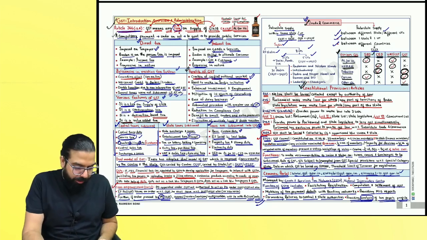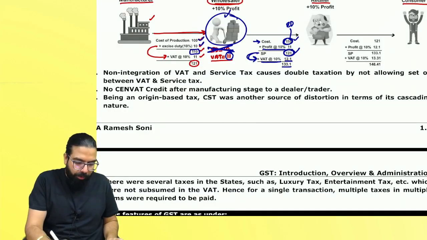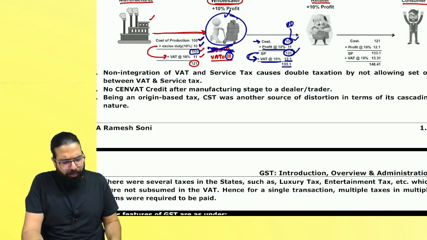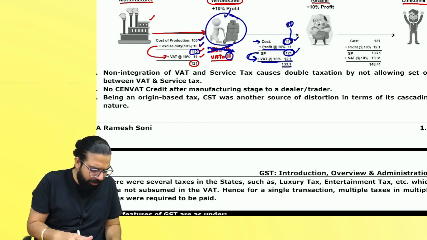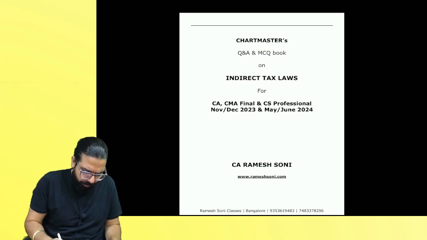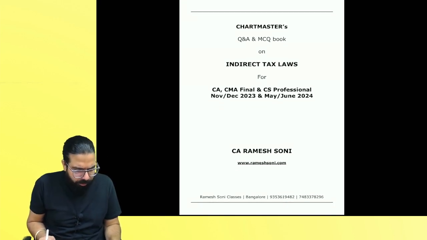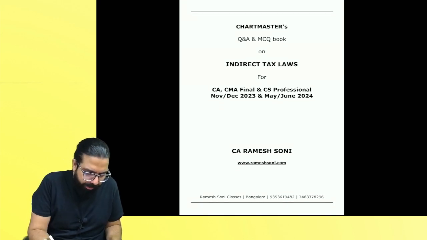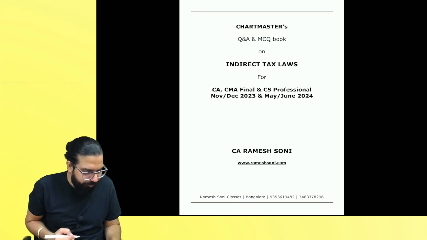Now, everyone over here, listen. Come to your textbook, not textbook. I want to do first question answer, and then we will go ahead and read the textbook. Please come to your Q&A material, everyone.